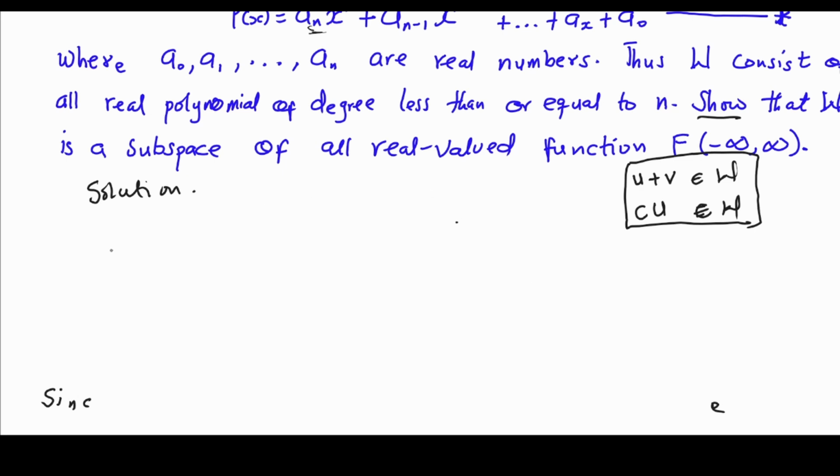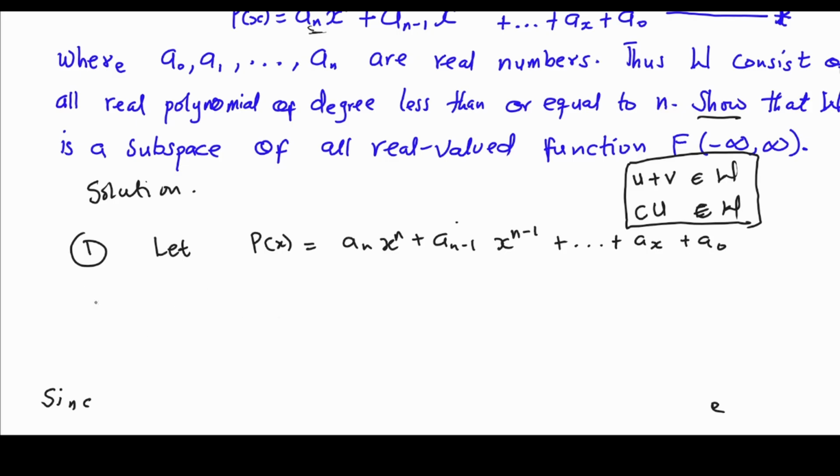Now the first thing we will do is that we will have to create two polynomials so that we can add them and see if really we will still get something that is in the subspace. So we say let p of x be equal to a_n x^n plus a_(n-1) x^(n-1) plus a_1 x plus a_0.